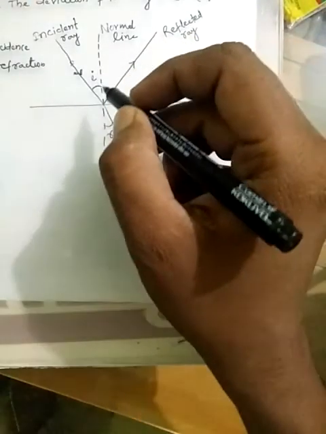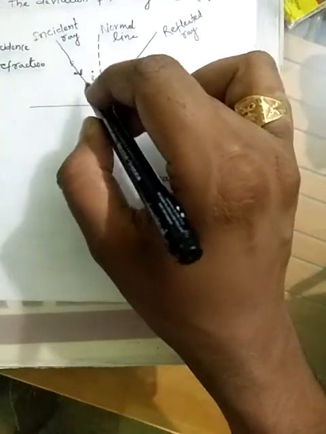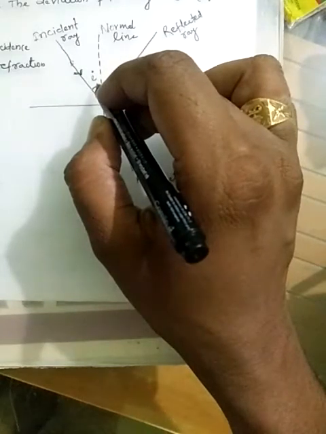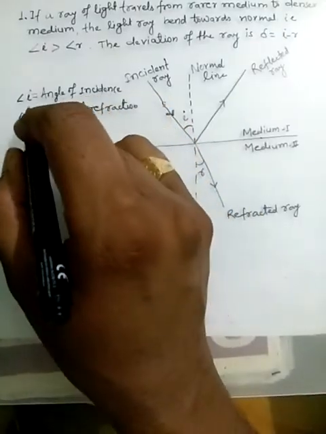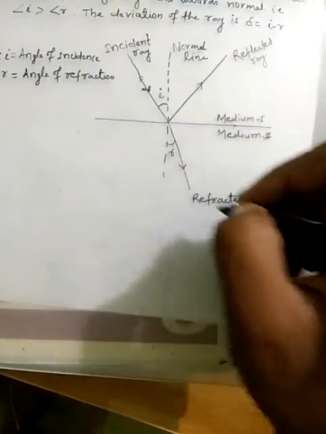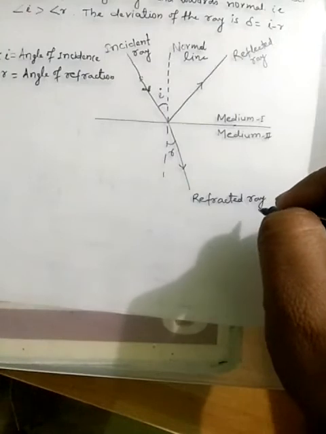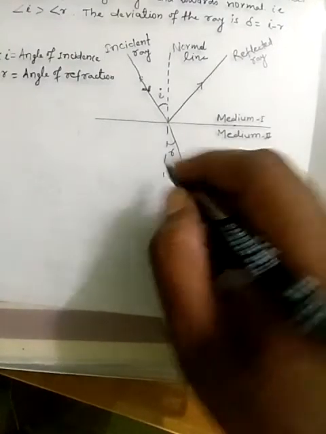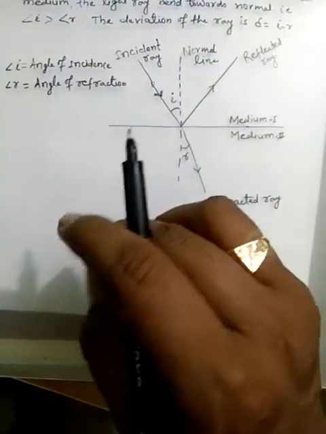The angle of the incident ray with the normal line is known as the angle of incidence, represented here by small i. The angle between the refracted ray and the normal is known as the angle of refraction, and it is represented by small r.